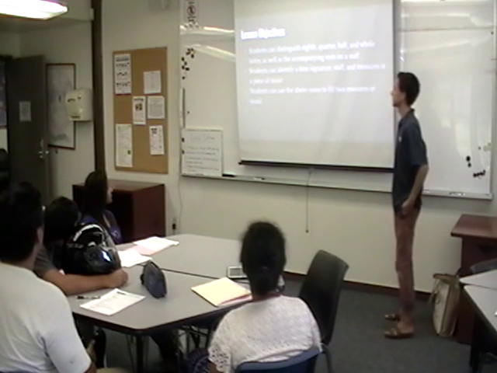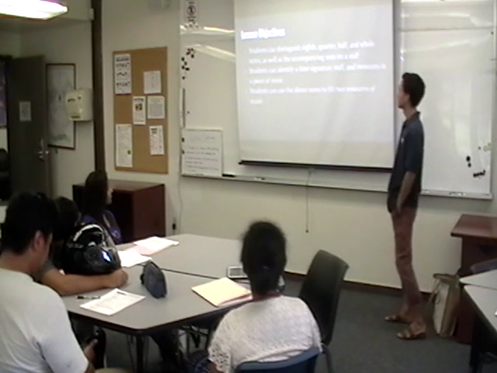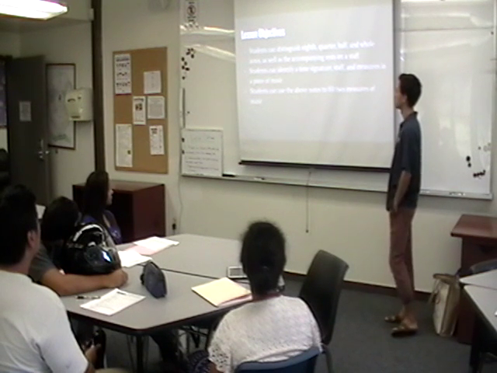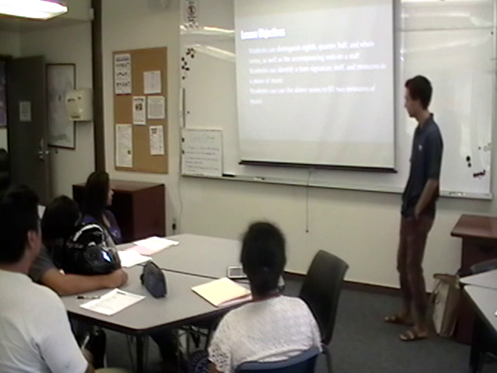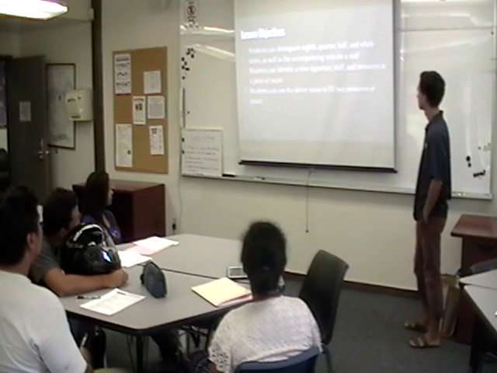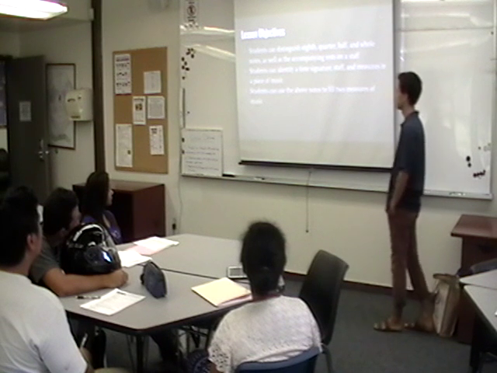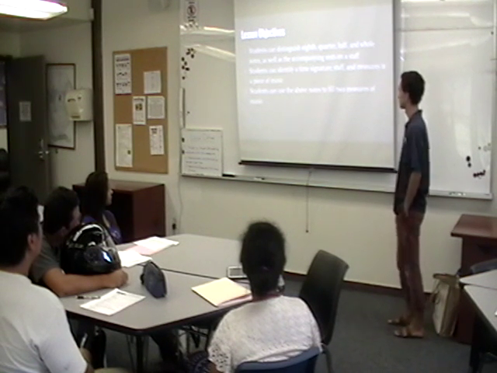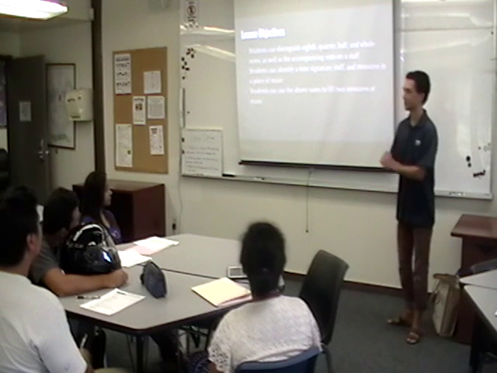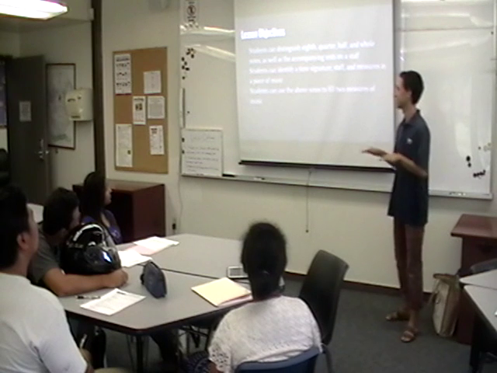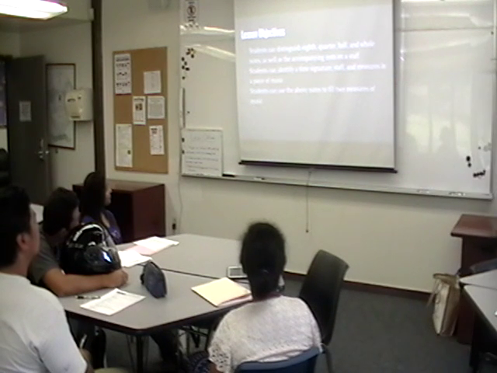Students can distinguish eighth, quarter, half, and whole notes as well as the accompanying rests on a staff. Students can identify a signature staff and measures in a piece of music. Students can use the above notes to fill two measures of music. Okay, so there's a lot of words up there that probably some of you are not familiar with. That's okay, we will get into them and it'll be totally cool.